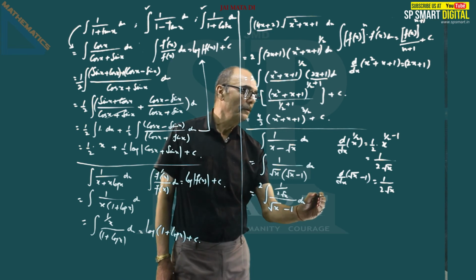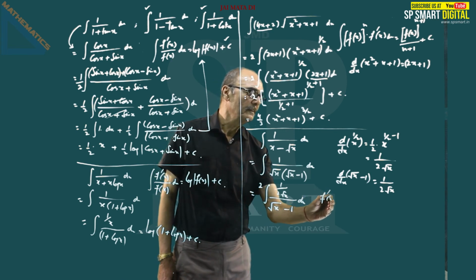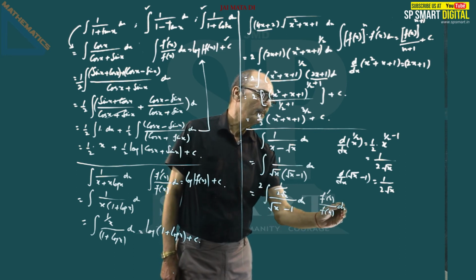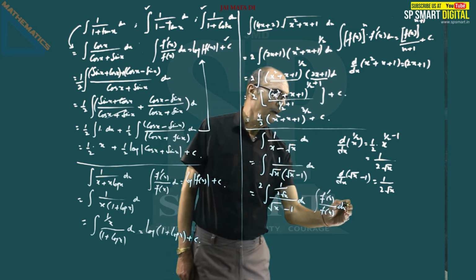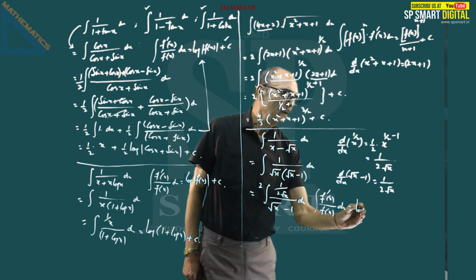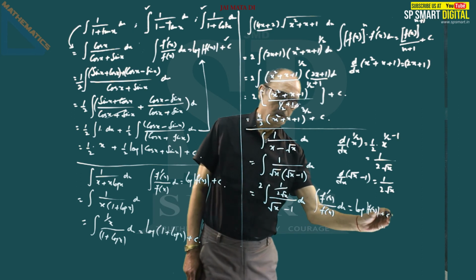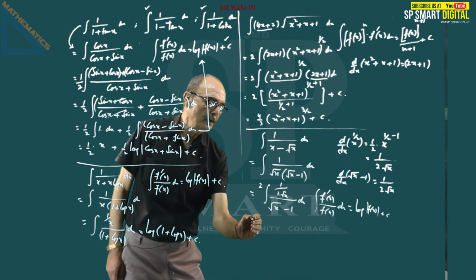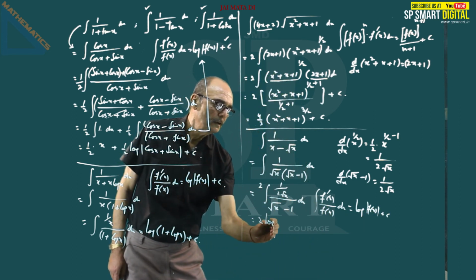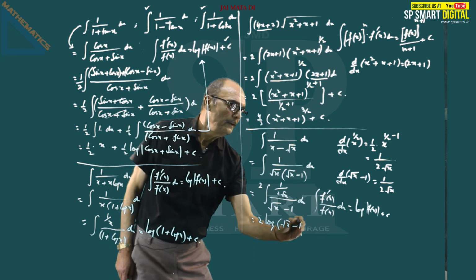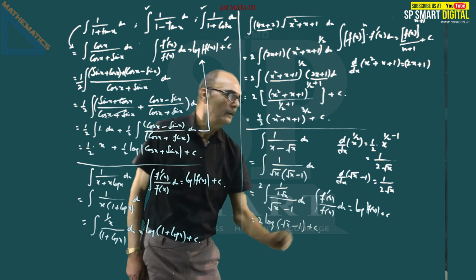And now, we use the formula here f dash x upon f x d of x as log of f of x plus c. So, this is twice log of root x minus 1 plus c.